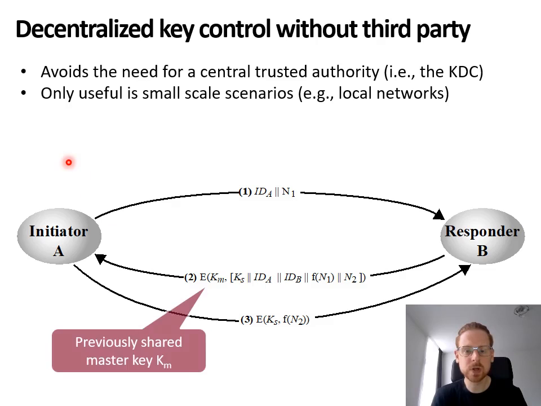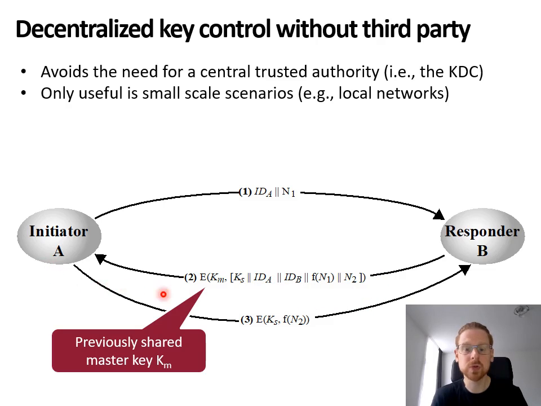We are assuming there's already a previously shared master key KM. The exchange is initiated by one of the two parties, for example A, and A sends its identifier and a randomly generated nonce N1 to the other communicating party B. B uses the previously shared secret key to encrypt a newly generated session key, or KS, the identifier of A, its own identifier, some transformation of the nonce N1 and a new nonce N2.